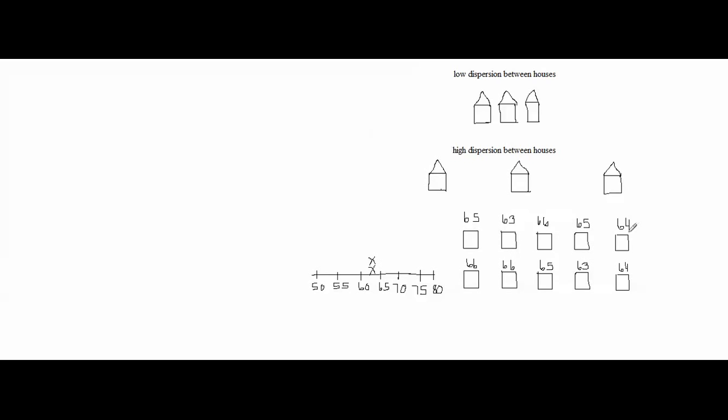We have 2 cars going 64. Maybe 64 would be about here. There's 2 more X's. And then, how many 65s? 1, 2, 3. Those would all be right here.